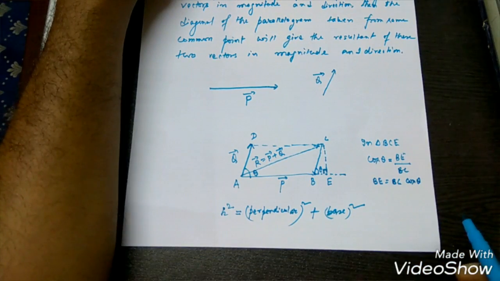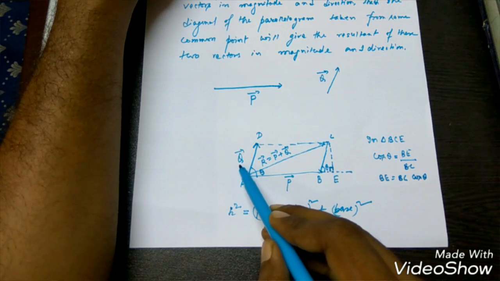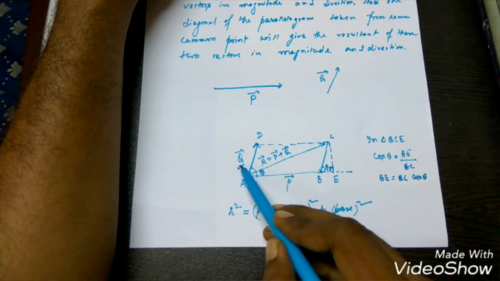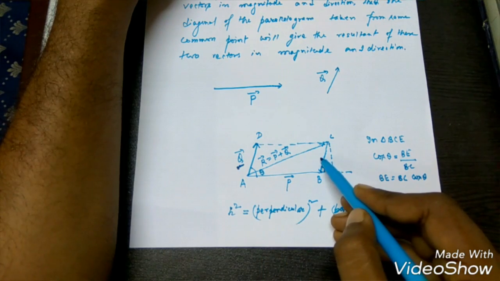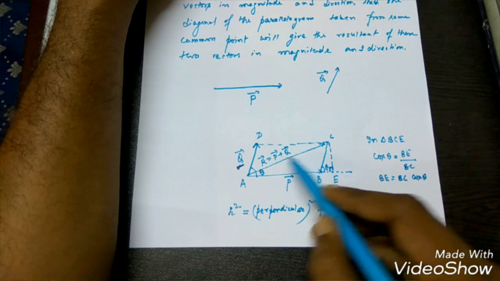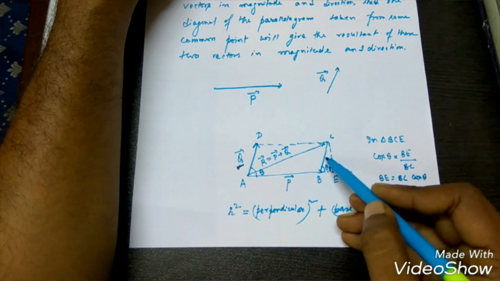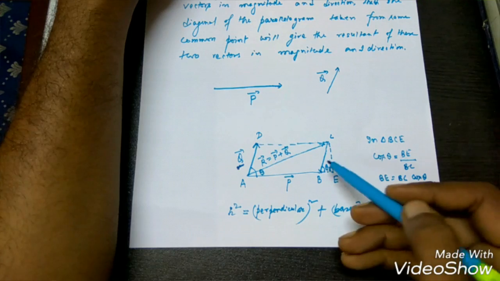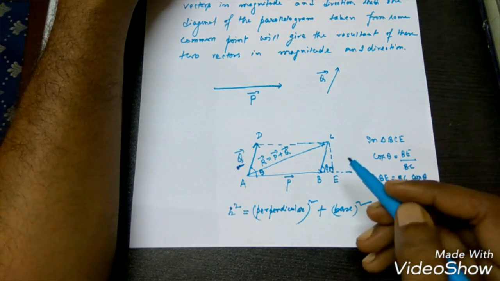Again, I would like to say that if this side is representing the Q vector, then this side will also represent the Q vector, because this line is parallel to this line and they have the same magnitude, because in a parallelogram opposite sides are equal.